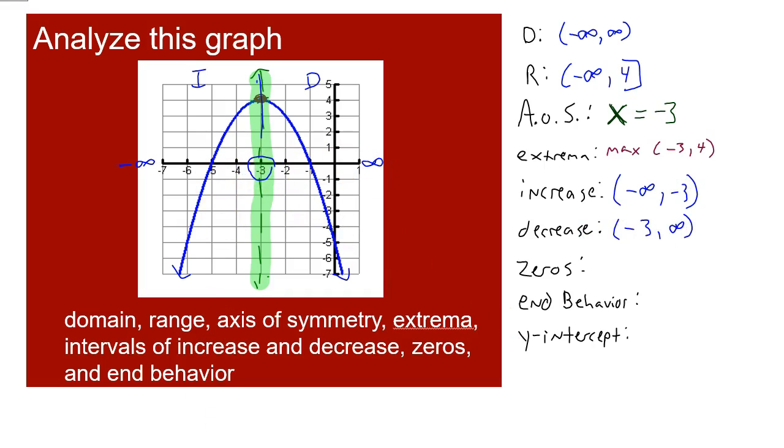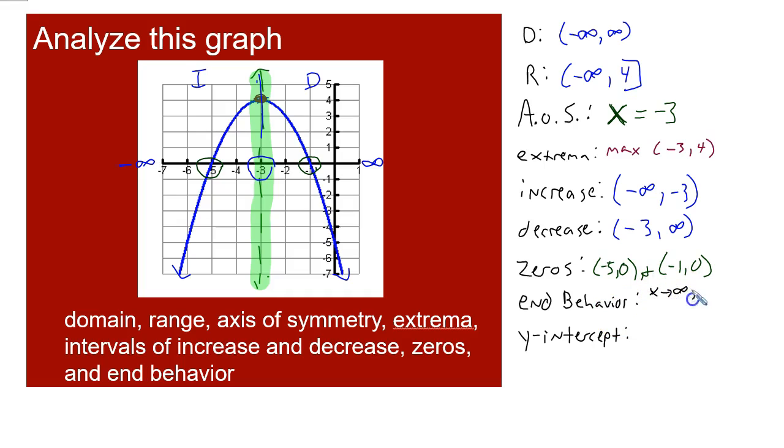We have two zeros at negative 5 and negative 1. Put those as coordinates. But remember, you can just put negative 5 and negative 1. You can just put the numbers for zeros. These are also called x-intercepts or roots or solutions. Okay. End behavior, I probably should have given myself a little bit of space, but once you get used to writing, it's not that bad.